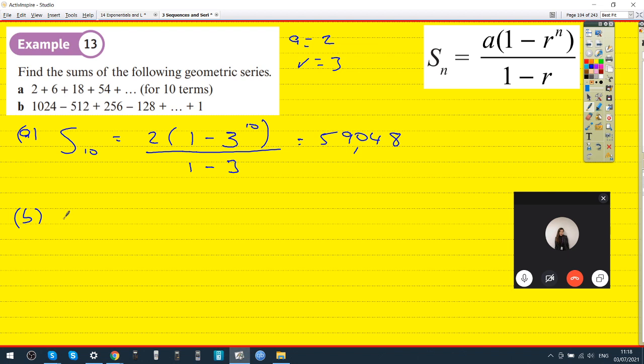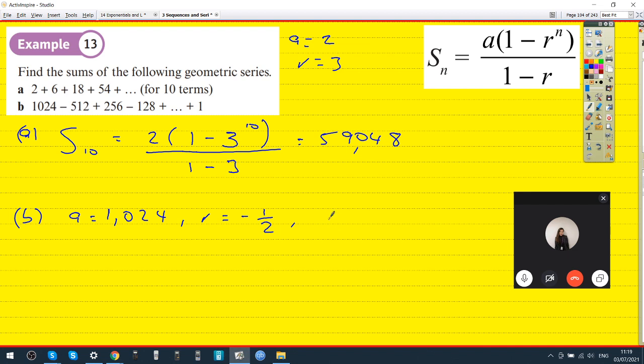B. So you'd make it so a is 1,024. And then r is minus a half. And n is... we don't know what n is.